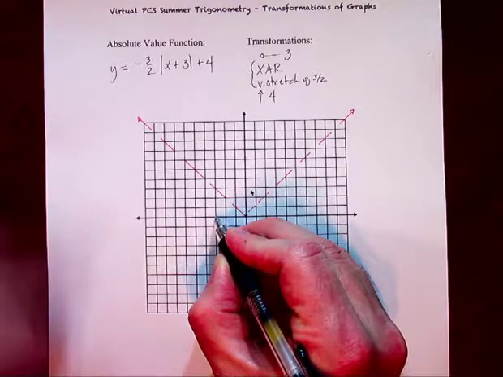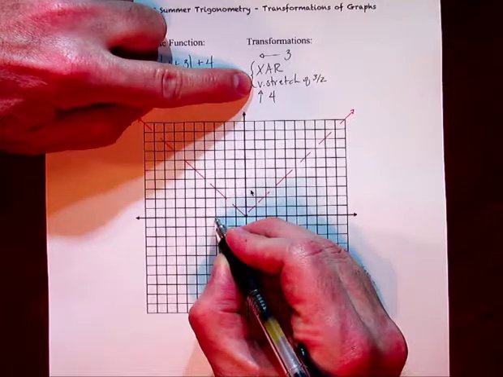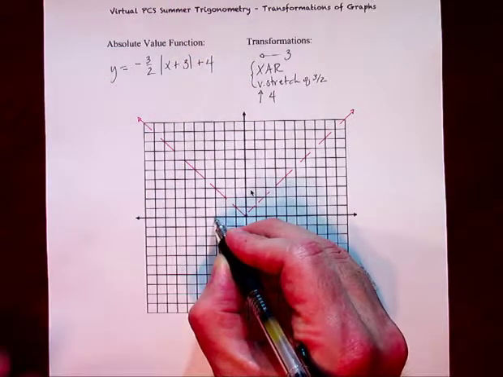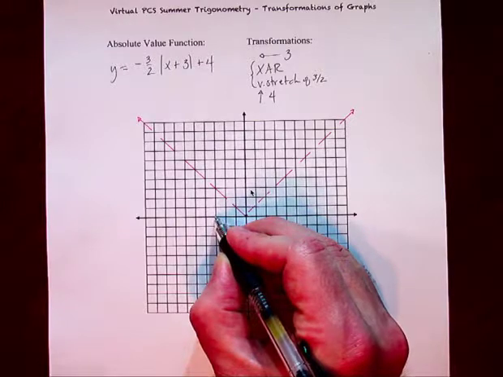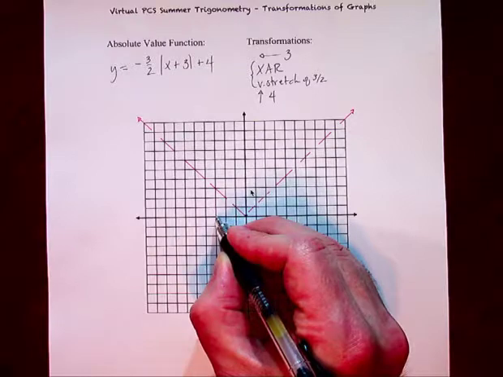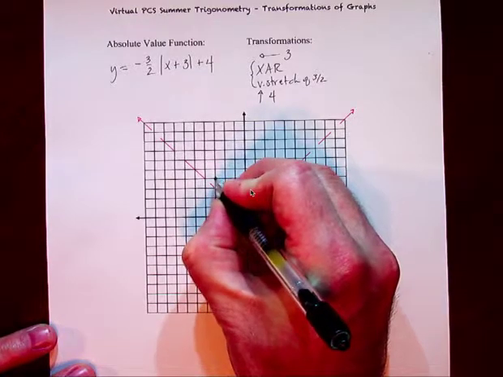So it's going to neither change sign nor increase in magnitude when I multiply it by -3/2, because -3/2 times 0 is just 0. So remember, you can't stretch 0, and you can't reflect 0. 0 just, when you're multiplying, remains 0. And then I need to move it up 4 units. Okay, and there we go.